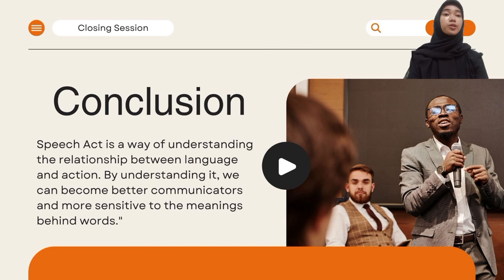In conclusion, speech act is a concept that helps us understand the powerful relationship between language and action. It shows us how words are not just tools for sharing information, but also for performing actions, whether it is making a promise, giving a command, or expressing gratitude. And by understanding speech acts, we can become better communicators.